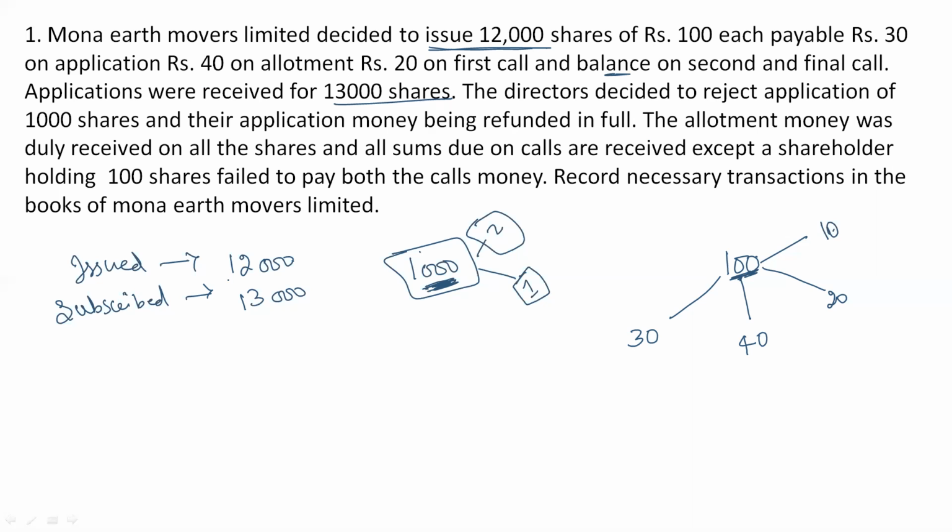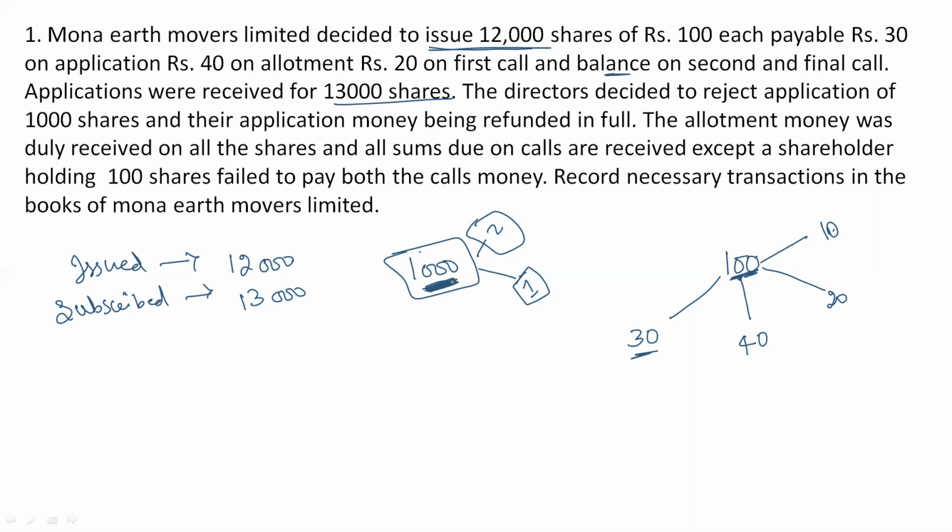Now coming back to our question. The public subscribed for 13,000 shares. The directors decided to reject the applications of 1,000 shares and their application money is being refunded in full. When people subscribe for the shares, they pay the application amount while applying itself. Now, because we have 1,000 extra shares, the directors of the company are deciding to reject these extra shares.